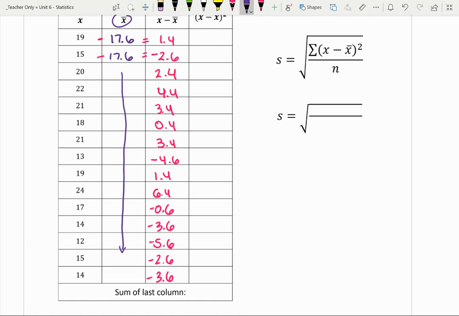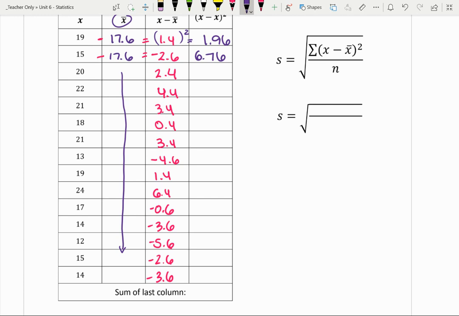And then again, that fourth column we take just by squaring the number before it. So 1.96, 6.76, 19.36. Oh, I made a boo-boo. That was the next one, actually. Sorry.